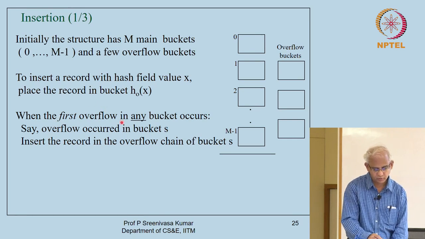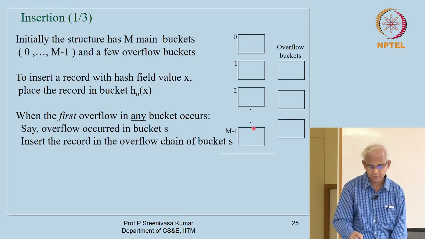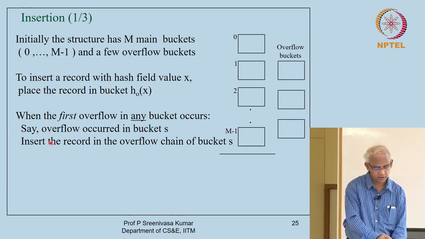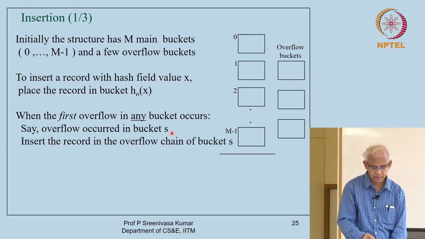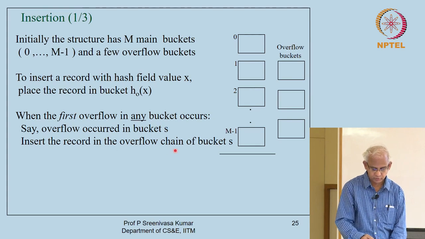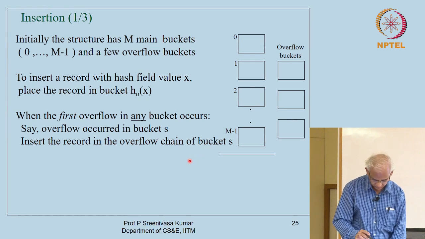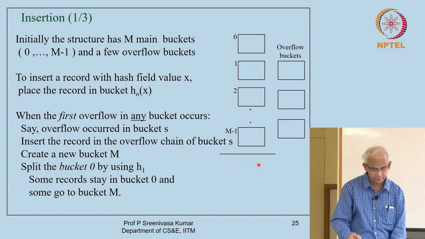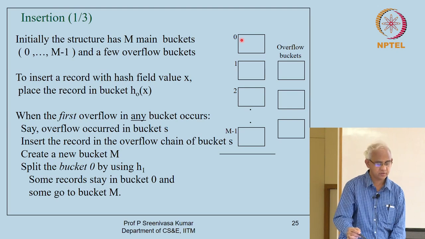Now, whenever the first overflow in any of the data buckets, 0 through m minus 1, occurs, say overflow occurred in some bucket S, insert the record into the overflow chain of this bucket S. What we do is create a new bucket M, and split the bucket 0 records using the hash function H1.